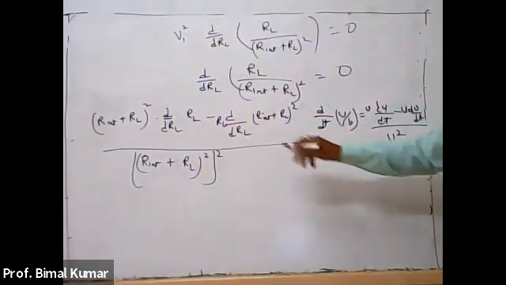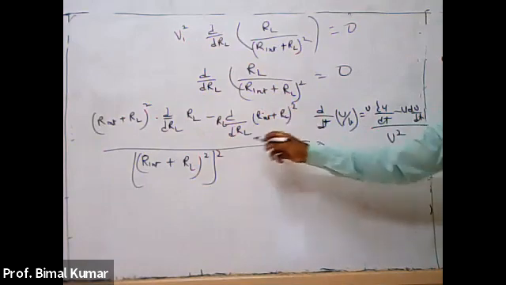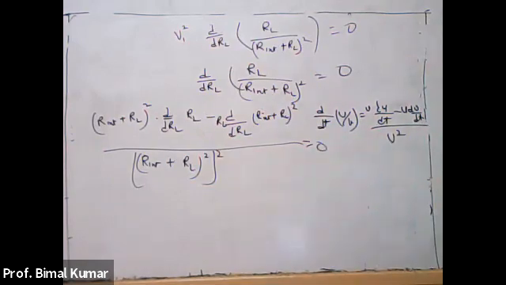That is v du by dt minus u dv by dt upon v square, equal to 0.